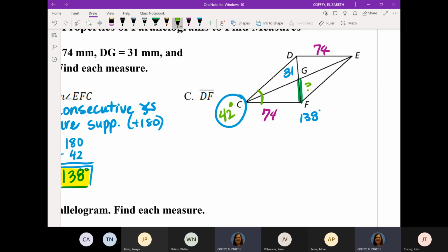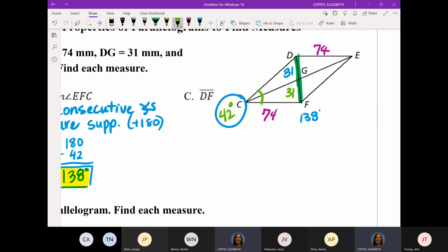Yes? Okay, so Sean, if this is 31, what do we know about GF? Also 31. Now, that's not what it's asking for, though. It's asking for the entire length there, D to F. So what are we going to do?